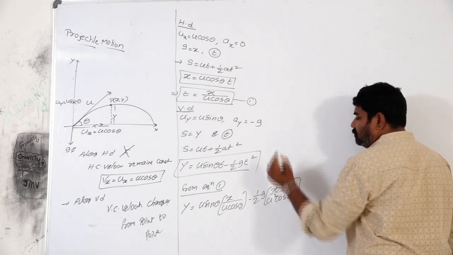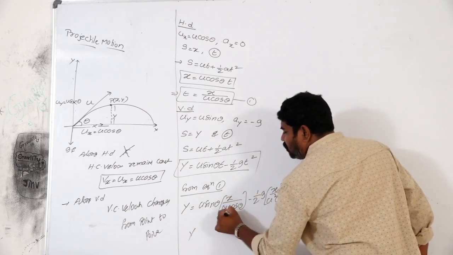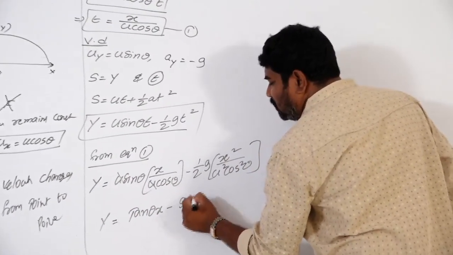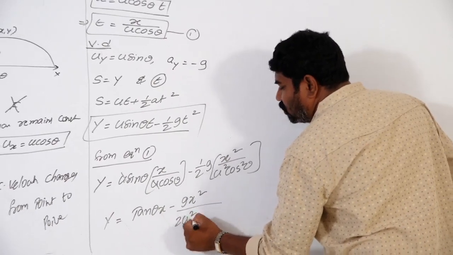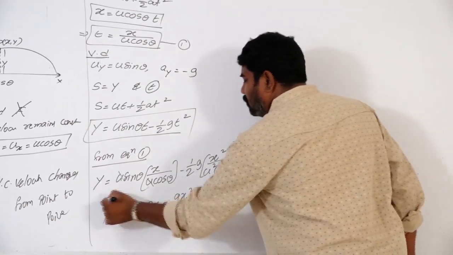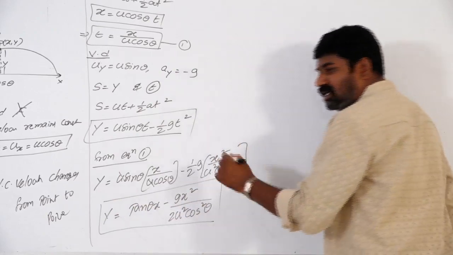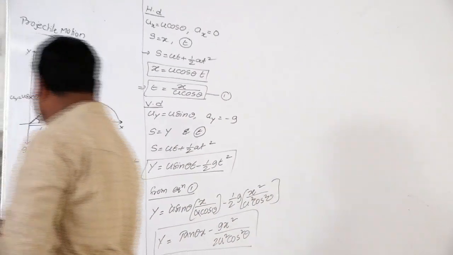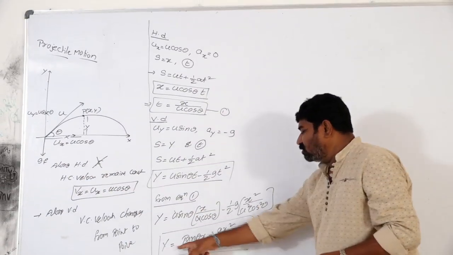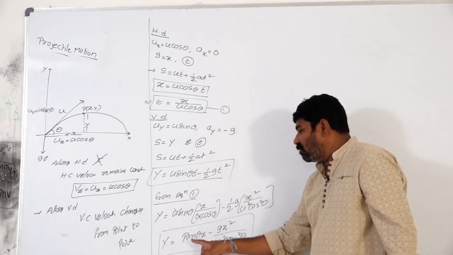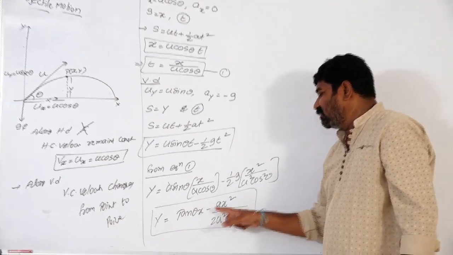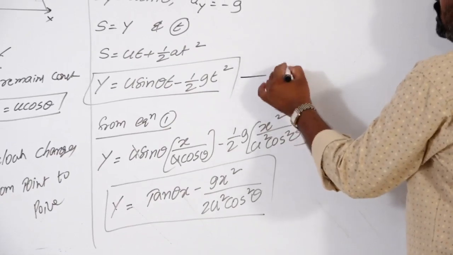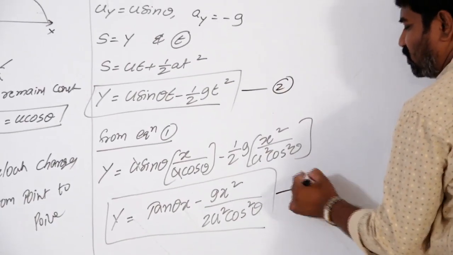So y is equal to, u and u cancel, tan theta x minus g x square by 2 u square cos square theta. So here the vertical displacement in terms of the horizontal distance is y is equal to tan theta x minus g x square by 2 u square cos square theta. This is equation number 2.